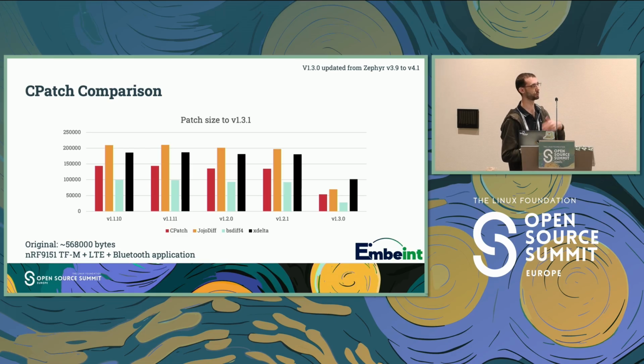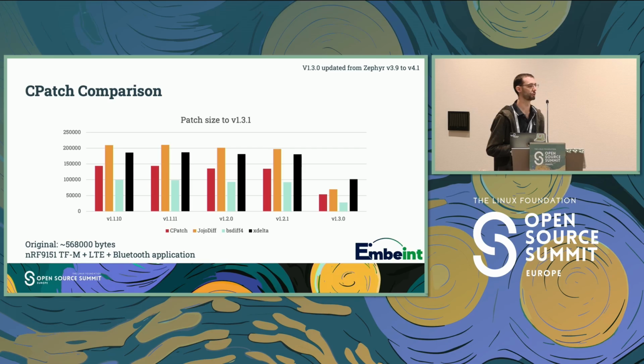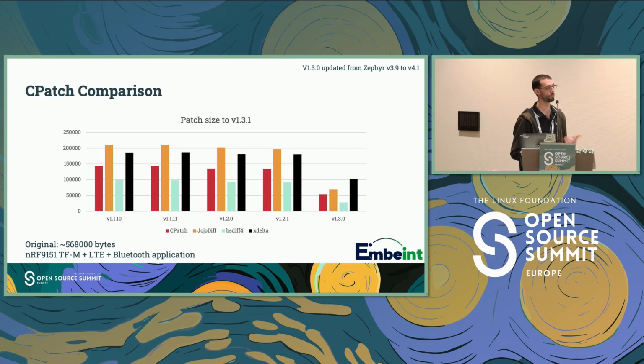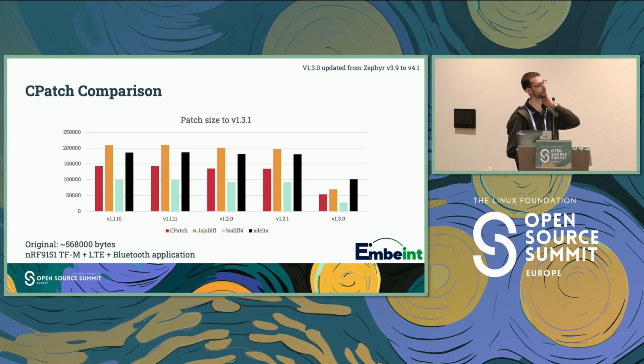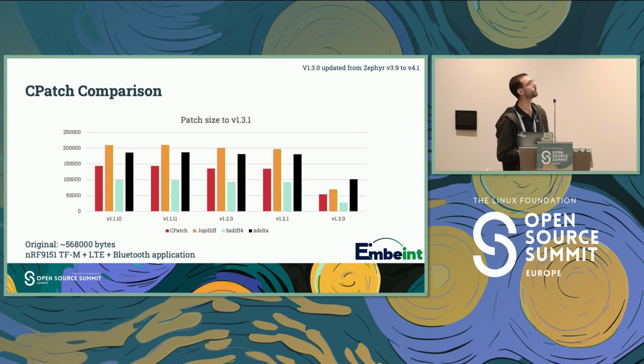So if you want to actually apply this diff, you need to first decompress it and then apply it, which means the implementation itself is more complex, takes up more space in ROM, etc. JojoDiff, we're always quite a bit better than JojoDiff, and XDelta is just always bad, I don't know why.